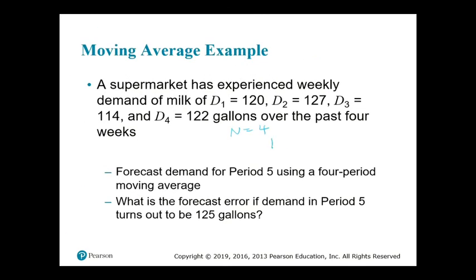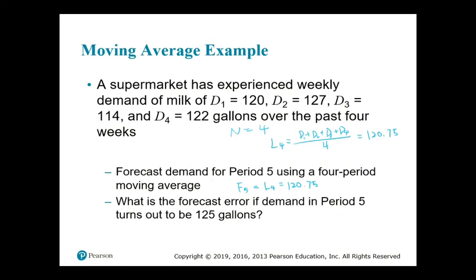So L4 is equal to D1 plus D2 plus D3 plus D4 divided by 4, and this equals 120.75. So our demand forecast for period 5 is just equal to L4, which equals 120.75.